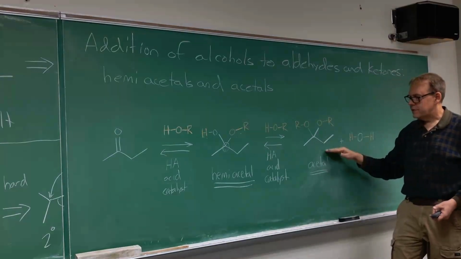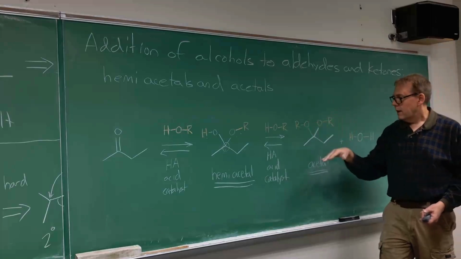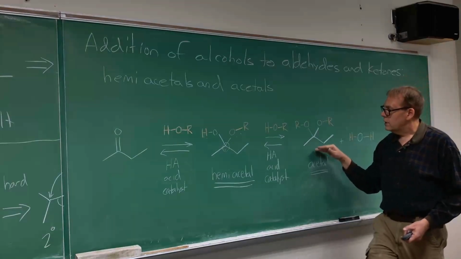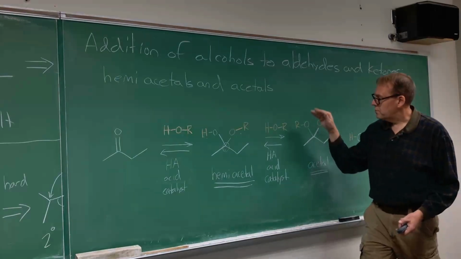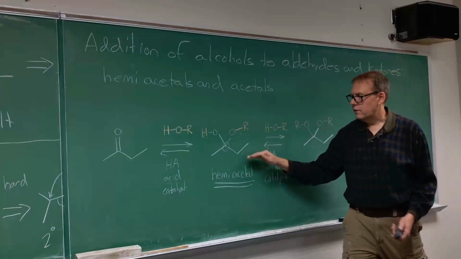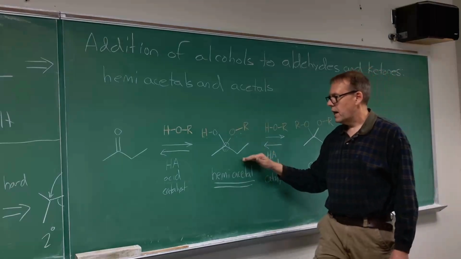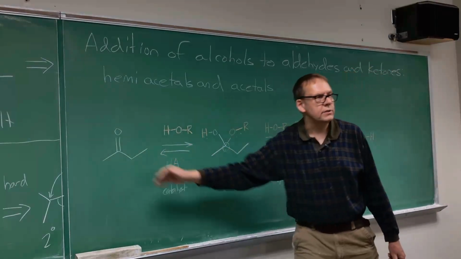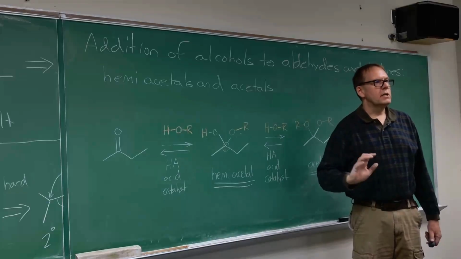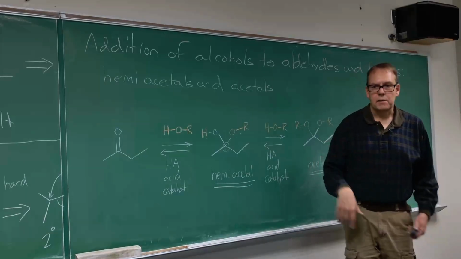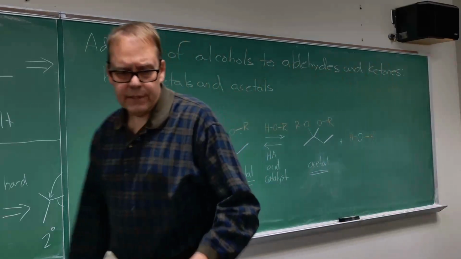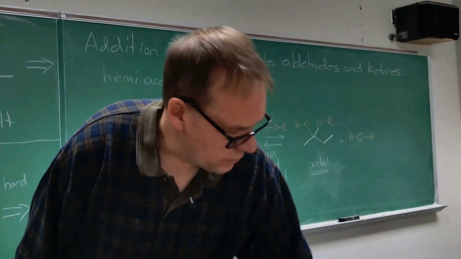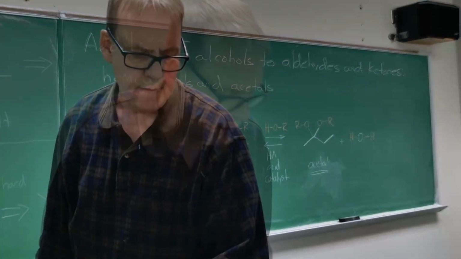If you have an acetal, it can go the other way. If it sheds an alcohol group, it goes from an acetal to a hemiacetal. If it sheds another alcohol group, it goes from a hemiacetal to an aldehyde or ketone. So that's the basic scheme that's going to be happening all the time in these mechanisms. But let's take a look at one here and go through how it works.